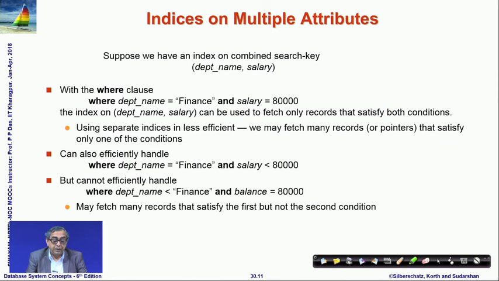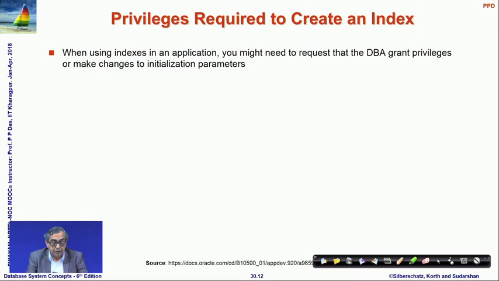So, if department name is less, then there is no way to check for the equality of salary. But if the department name is equal, then there is a possibility of checking on the salary. Because of this ordering, this may fetch many records that satisfy the first condition but not the second.